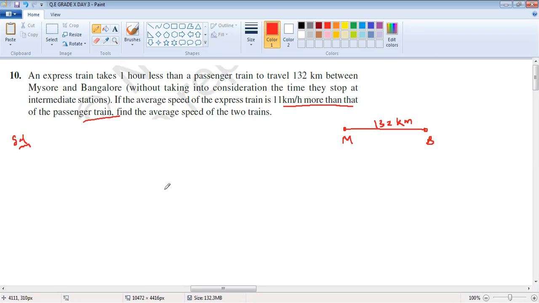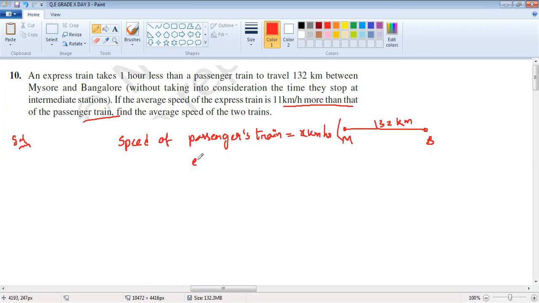So where to start? How to start? The speed of the passenger train, you will take it as x kilometers per hour. Got it, ma?